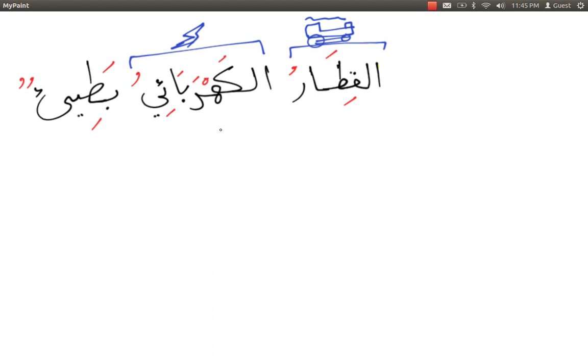Now we want to negate that by saying that the electric train is not slow, right? We want to insert that kind of negation with not. How do we do it in Arabic? We take the sentence and we put in front of it either ليس or ليست. In this sentence, قطار is masculine, so all I need to do is to put the word ليس. ليس القطار الكهربائي.